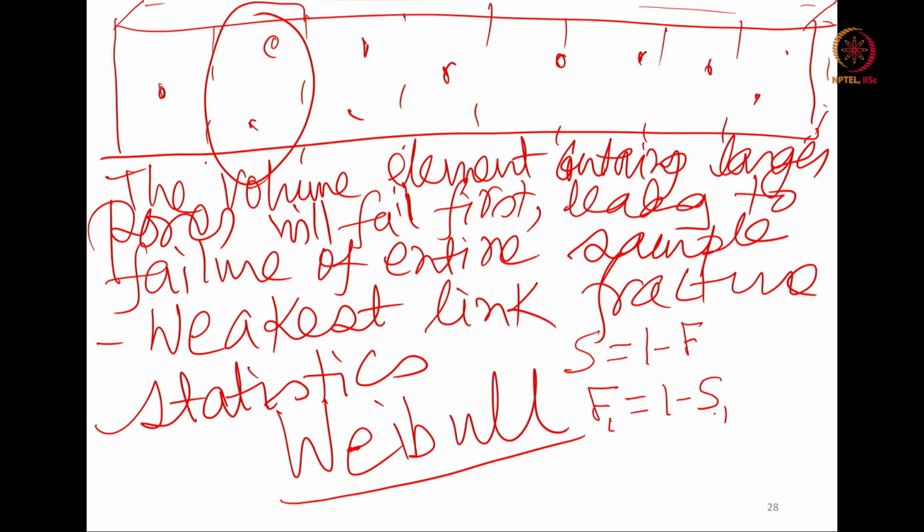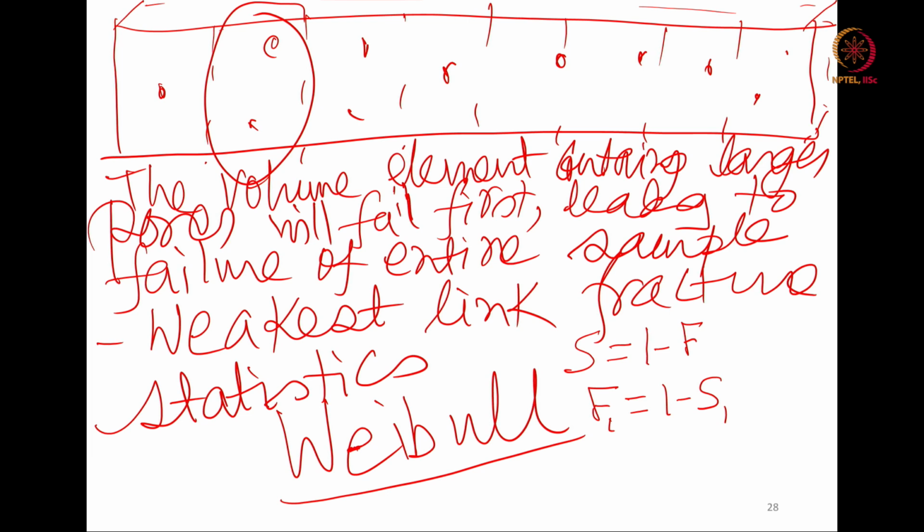So, if the total sample comprises capital N number of volume elements, each will have its distinct probability of failure, and when you do this complete failure probability of the total volume elements, then you can essentially put it as n number of volume elements.